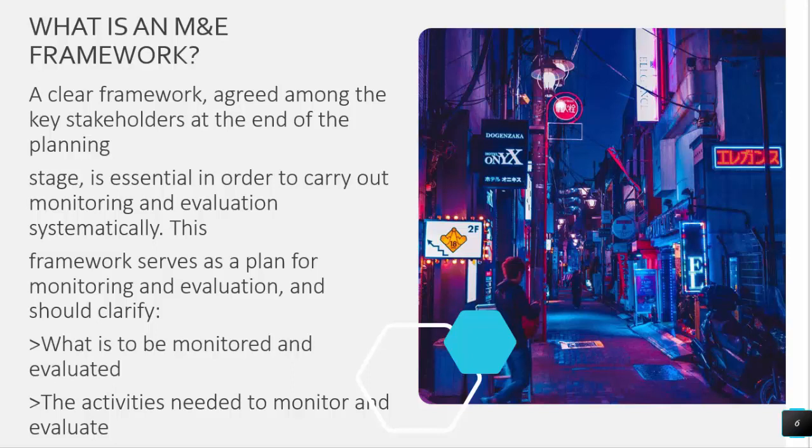A lot of times we have these frameworks, but we don't actually call them frameworks. Sometimes we call them log frames, because it's difficult to tell the difference between an M&E framework and a log frame. But actually, to develop an M&E framework, you first need to start from the log frame.